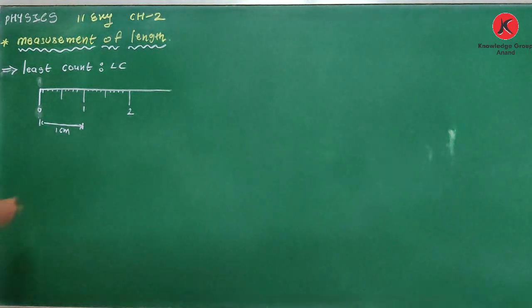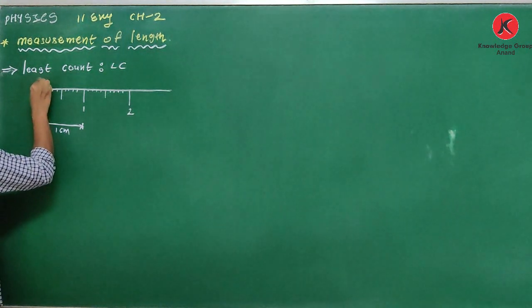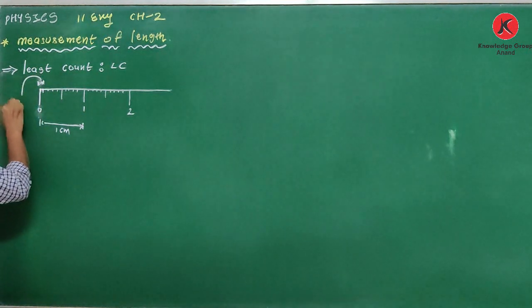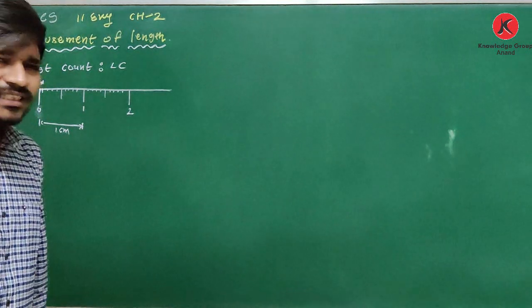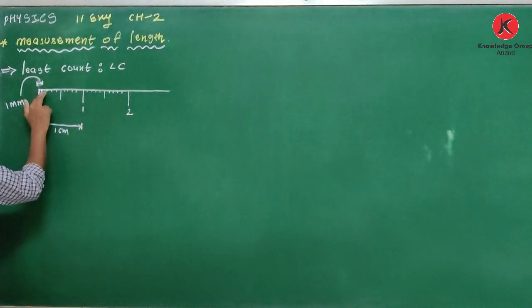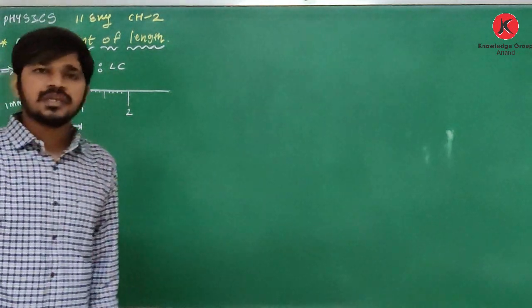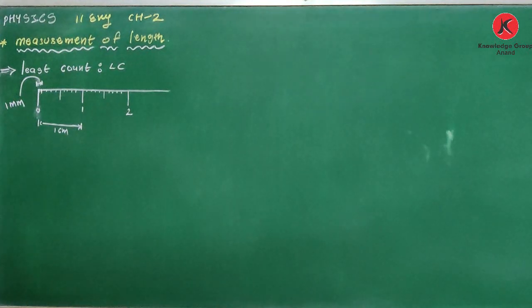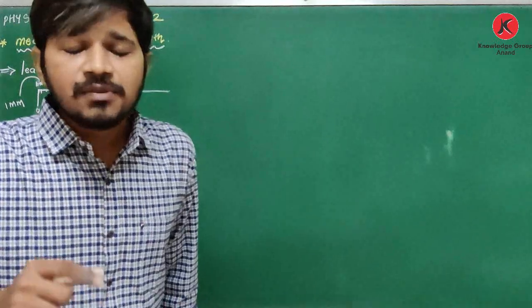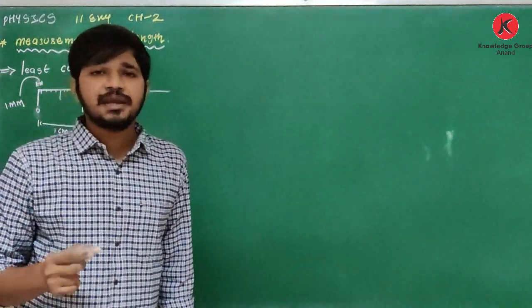We know the distance between any two successive threads is 1 mm. Yes or no? Yes, it is. So with the help of the scale, the minimum length measured is 1 mm.